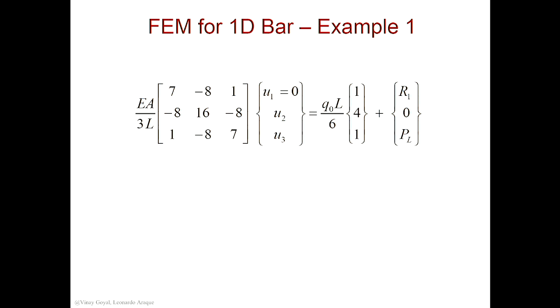You can just solve this very quickly for U2 and U3. Once you have U2 and U3, plug them back in here, and then you can get the reaction force R1. If you've forgotten how to do this, cross out the first row and the first column, focus on this equation right here, solve for U2 and U3, and then you can go on from there. Any questions on that?